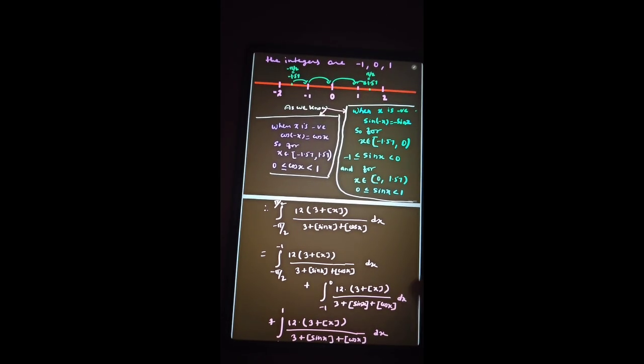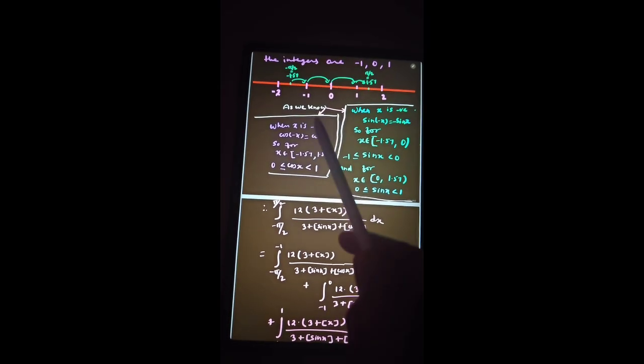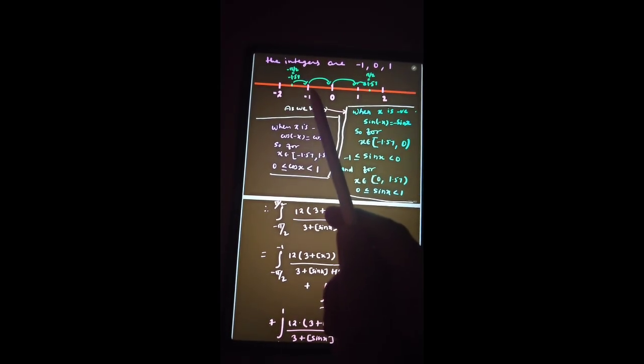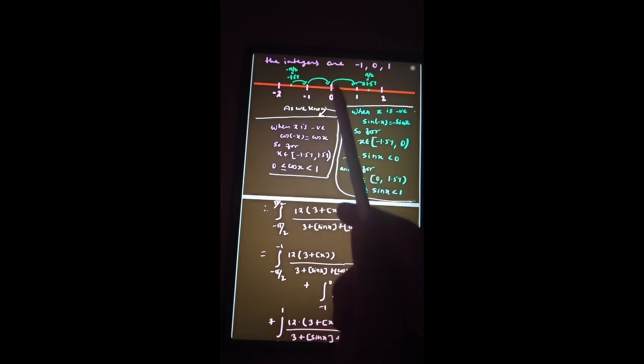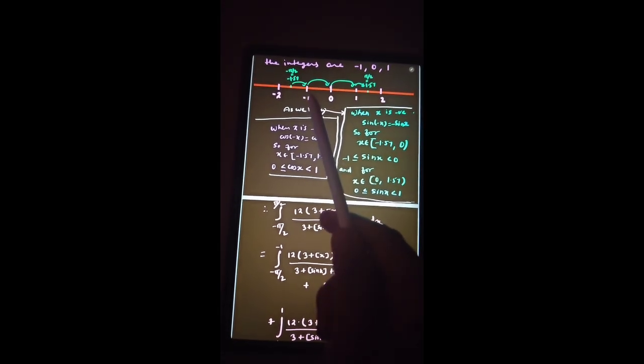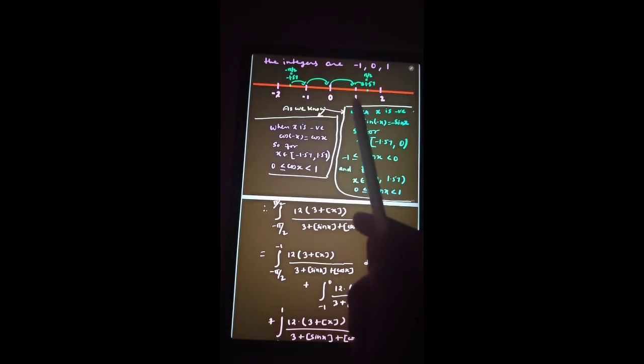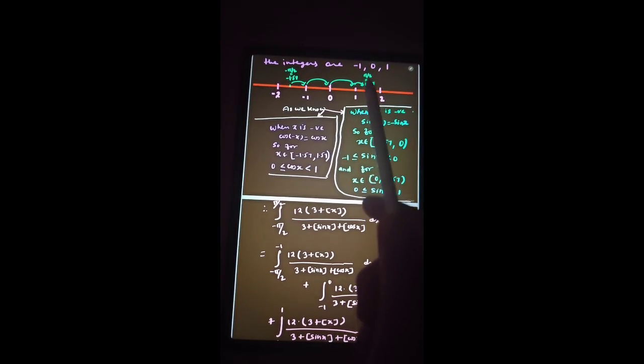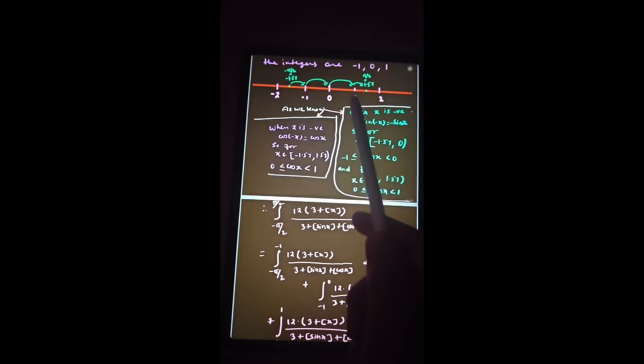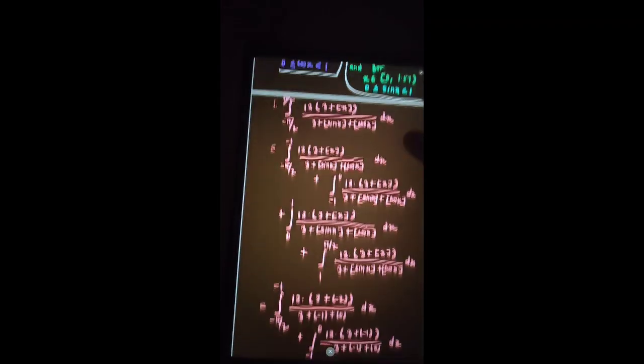Similarly, if x comes under the next range, its greatest integer function will be minus 1. For the next interval, the greatest integer value will be 0, and for the last interval, the greatest integer function of x will be 1. That we will use.